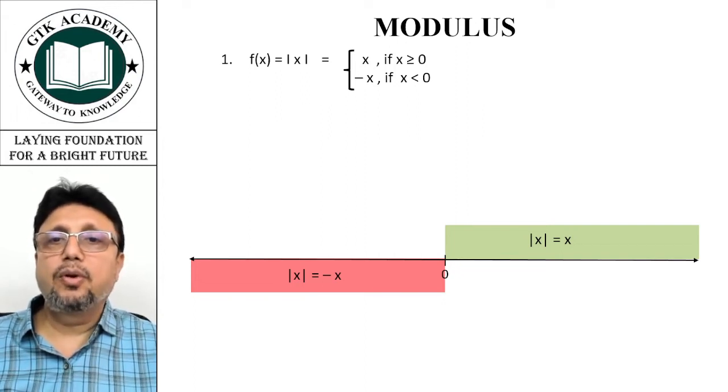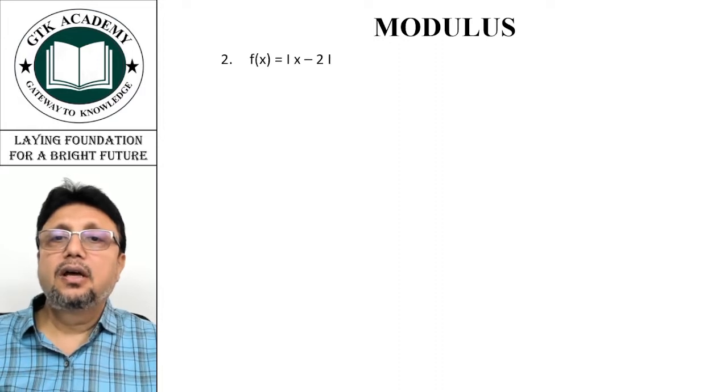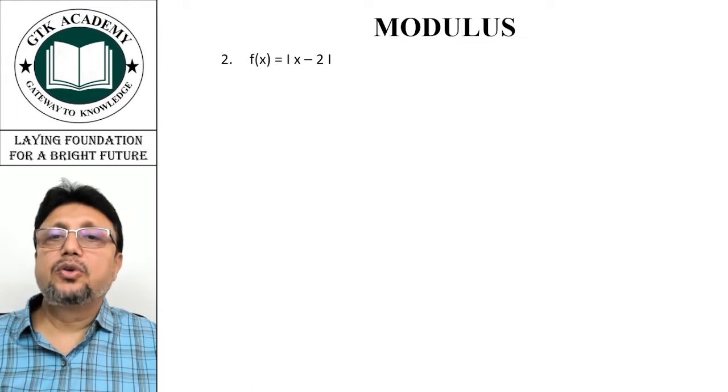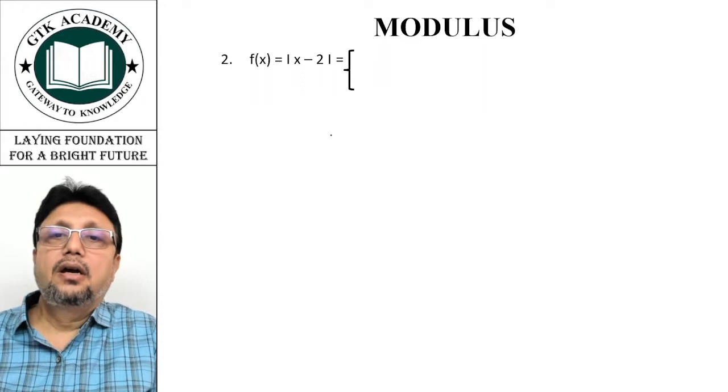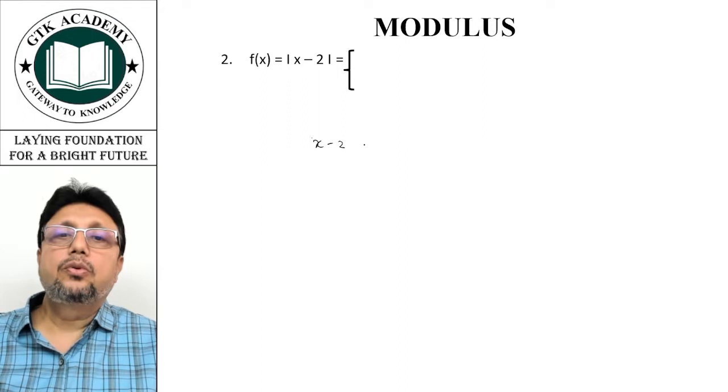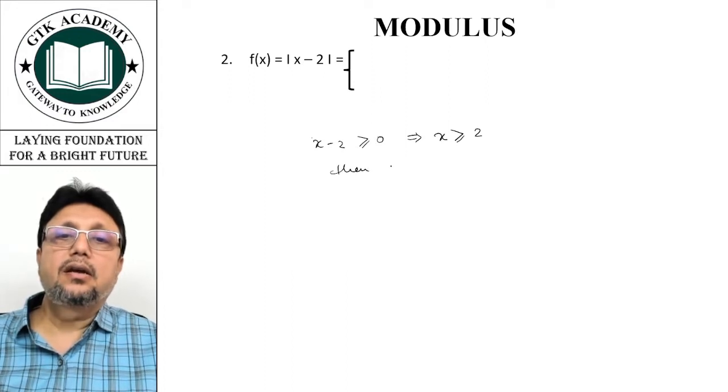Let us do one or two more examples. Now we have a function f(x) is equal to mod x minus 2. So how do we write it? If x minus 2 is positive, that means x is greater than or equal to 2, then mod x minus 2 will be written as it is, that is x minus 2.